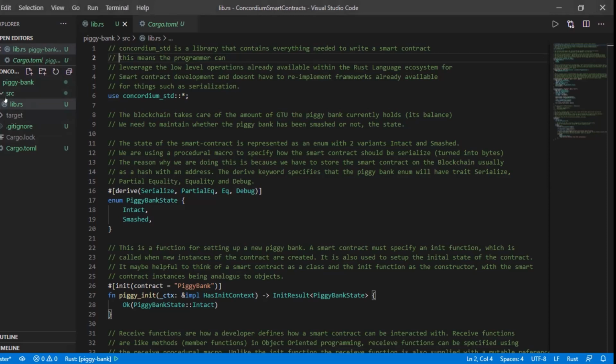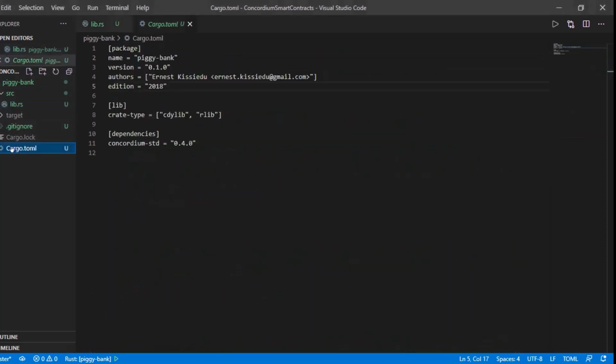Whenever you create a smart contract in Rust on the Concordium platform, you use Cargo Stud, and you start with your manifest, your Cargo TOML. This is where you basically pull in any of your dependencies and you set up the basics of your package itself. In Rust, libraries are called crates. So a crate and a library is the same thing.